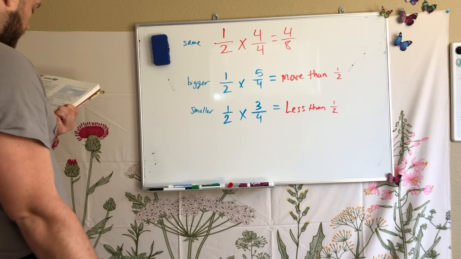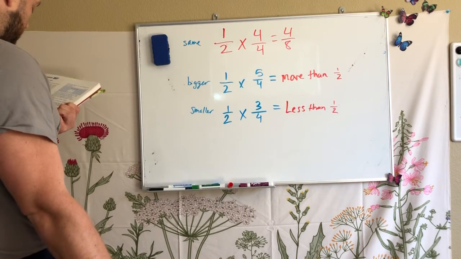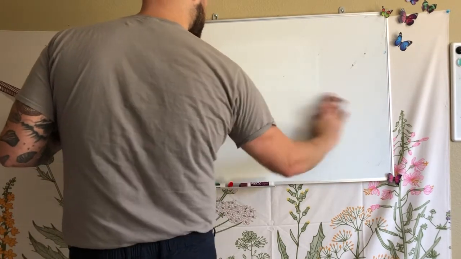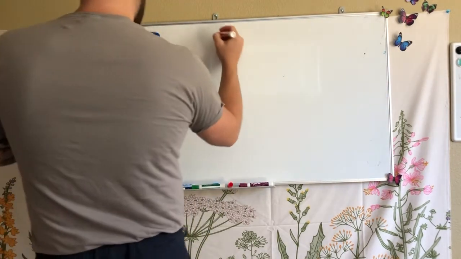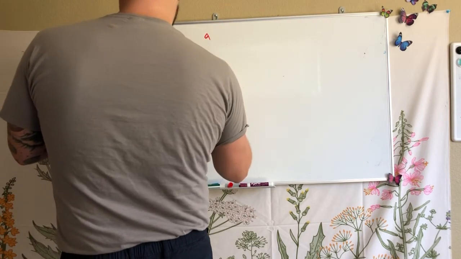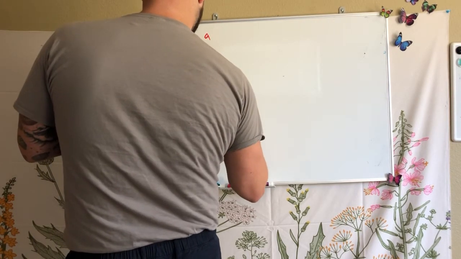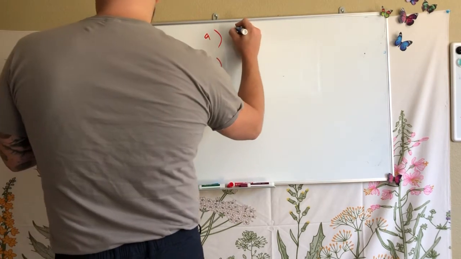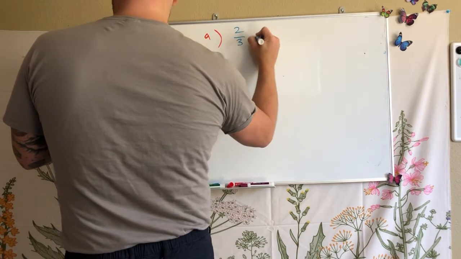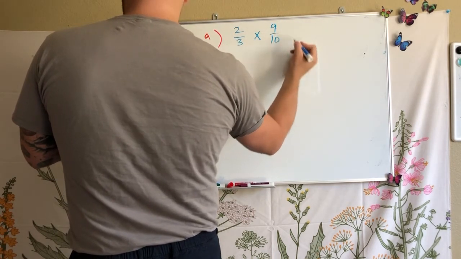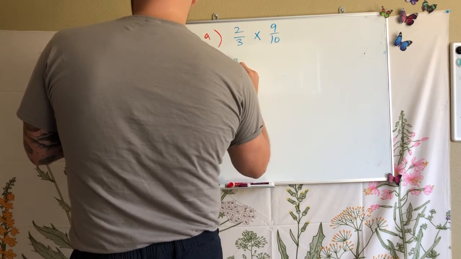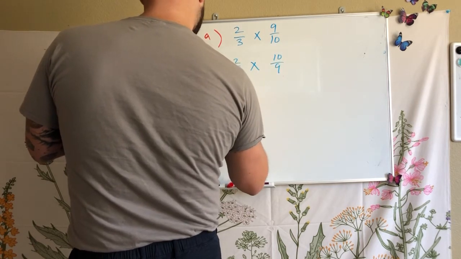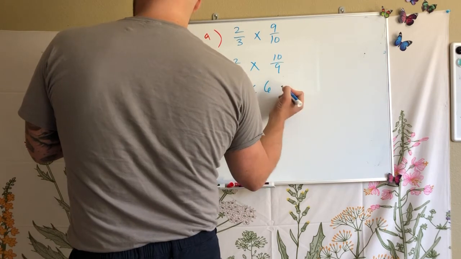So, let's look at some other problems. A, B, C, and D. Here we have 2/3 times 9/10. 2/3 times 10/9. 2/3 times 6.